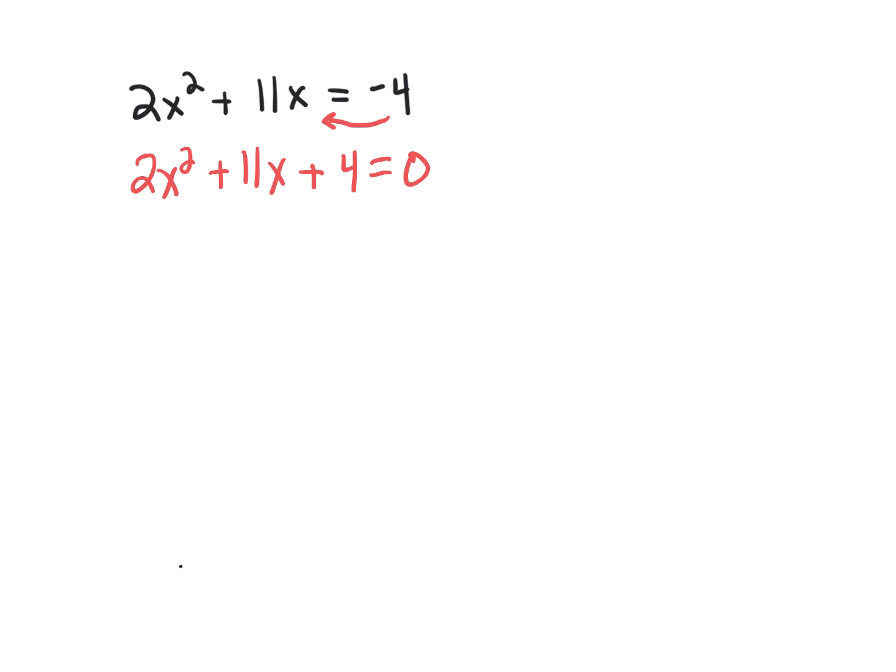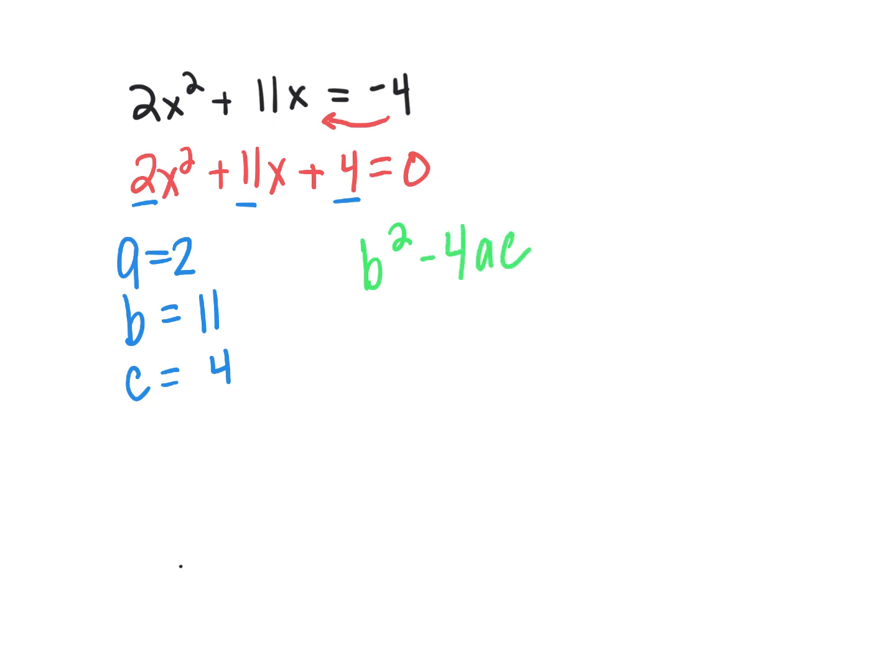I'm then going to identify that my a value is 2, that my b value is 11, and that my c value is 4. And then I'm going to use that to calculate the discriminant. So I'm going to substitute in 11 squared minus 4 times 2 times 8.